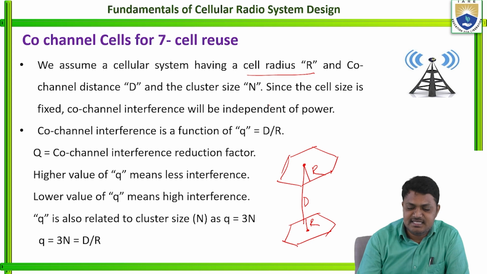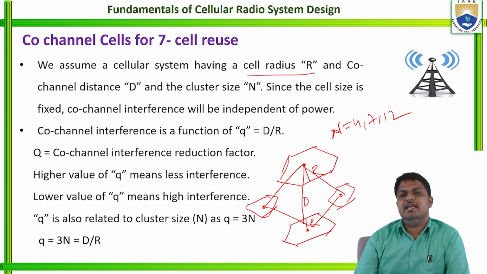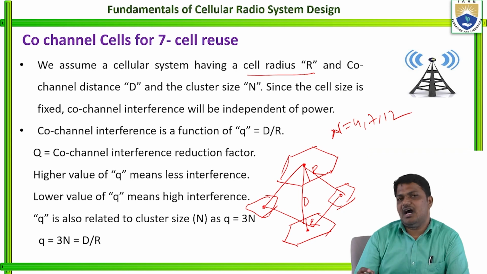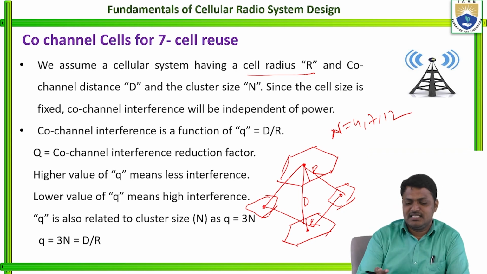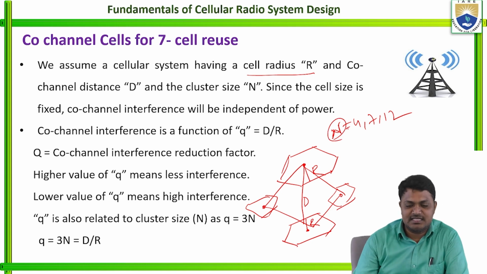And the cluster size is N. N is nothing but here we can take 4, 7 or 12. I am taking another two cells here. So this is a cluster, a 4-cell cluster, and we are taking the radius of each cell as R, the distance from one cell to another cell as D, and N as the cluster size.